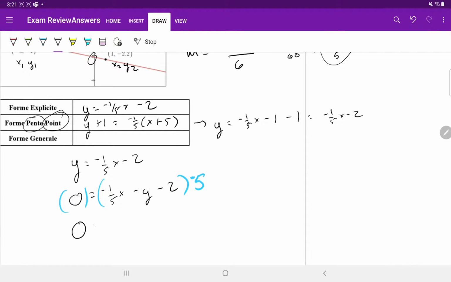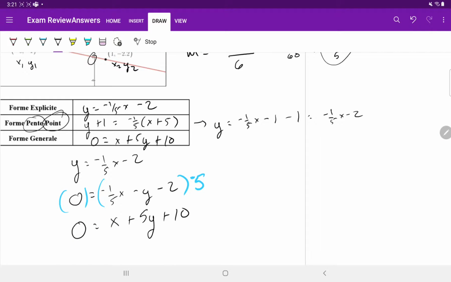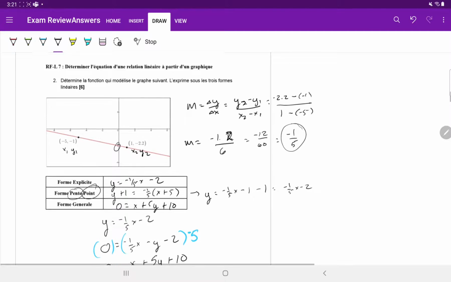The 0 just eats everything, so we don't have to worry about that. That gives me positive x plus 5y plus 10. Look at all those positives. 0 is equal to x plus 5y plus 10. Okay, and that's it for this one.